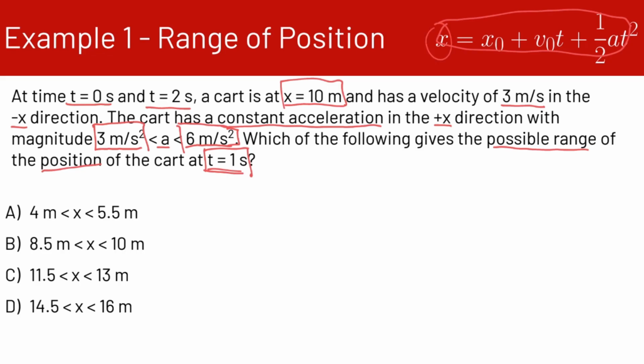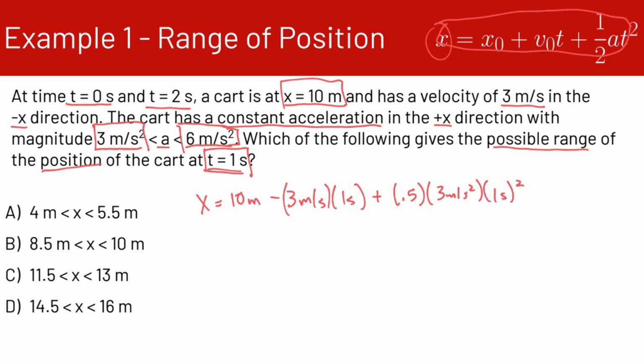So we say x is equal to 10 meters, and our initial velocity is 3 meters per second in the minus x direction. So we have minus 3 meters per second, times time, which is 1 second, because we want to know what the range is at 1 second. And then we have plus 1/2, so I'm going to write that as 0.5 times 3 meters per second squared times 1 second squared.